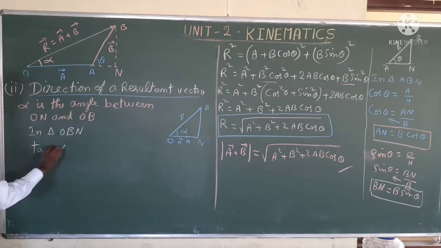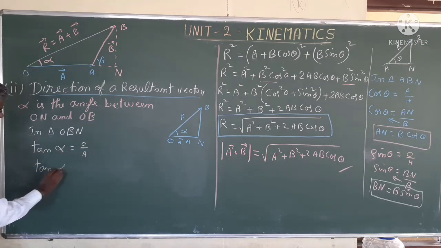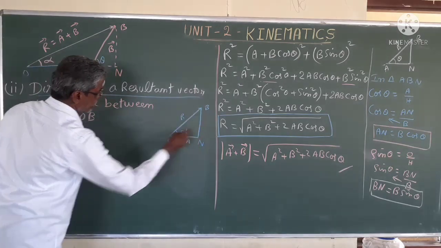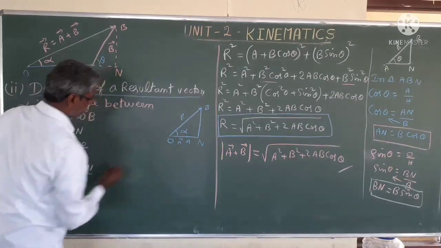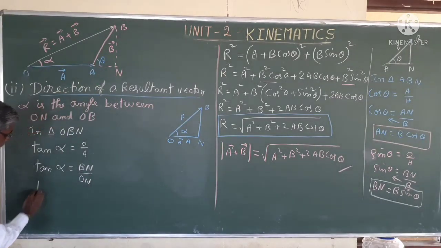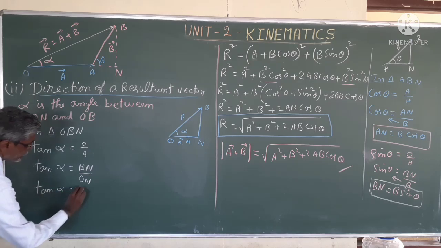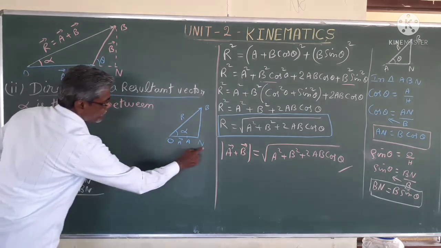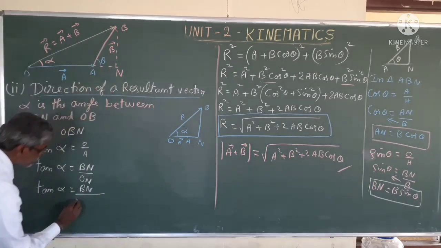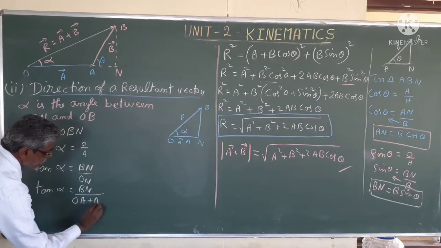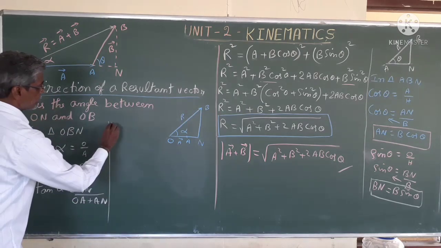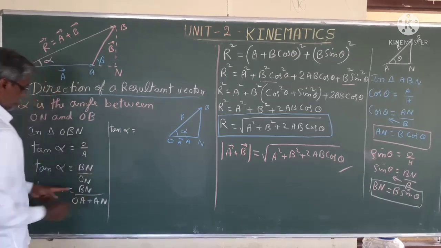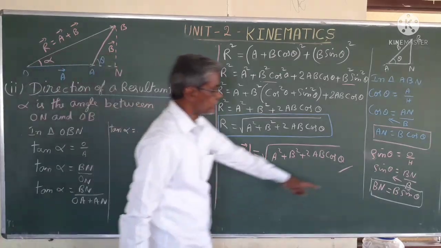tan alpha is equal to what? Opposite by adjacent. So tan alpha is equal to opposite BN by adjacent ON. I can write ON as OA plus AN. So tan alpha is equal to BN by ON. What is BN?